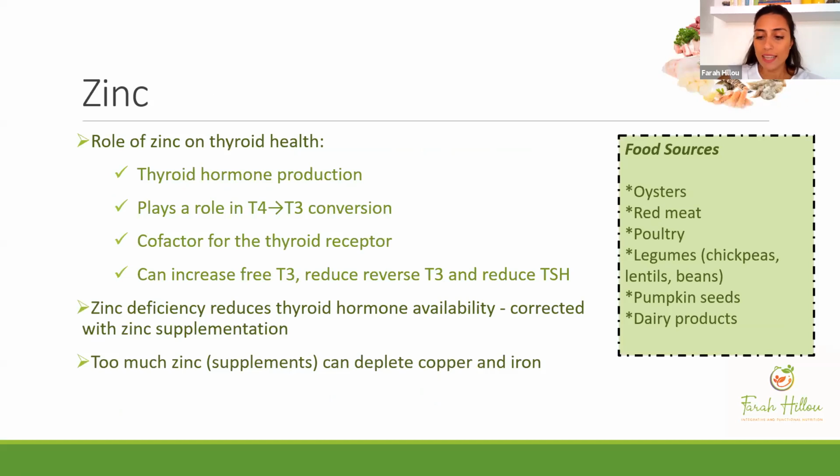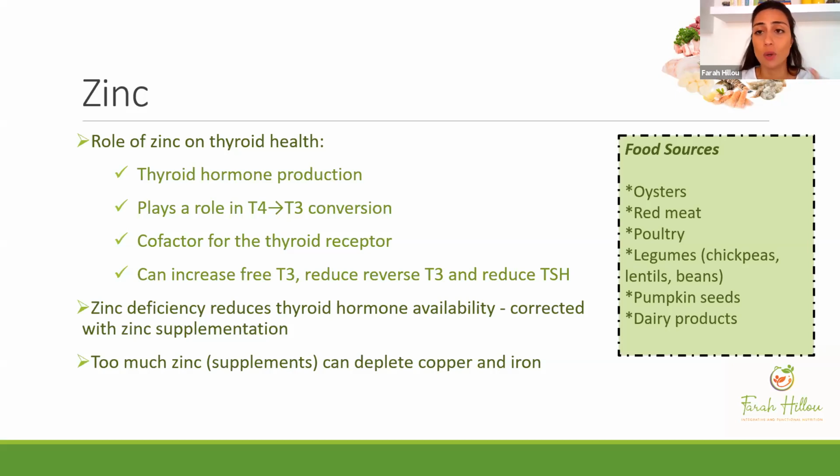So zinc, once again, plays an important role in converting T4 to T3. It acts as a cofactor on the thyroid receptor, and it can help increase T3 and reduce reverse T3. So if an individual is deficient in zinc, and I just want to say a key point that there's a difference between insufficiency and deficiency. To get to a deficiency, your intake must be really low and your stores really depleted.